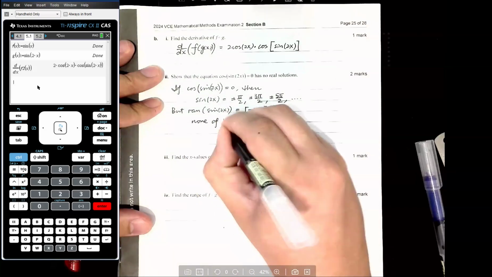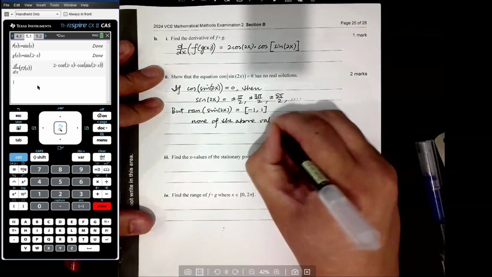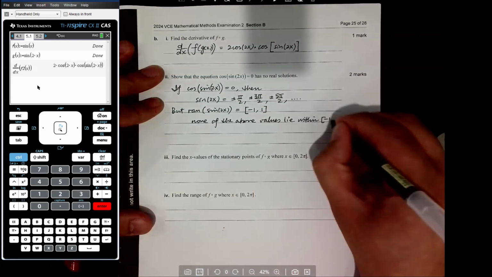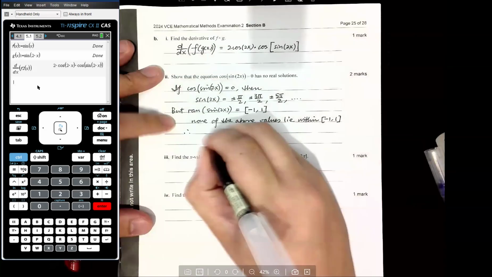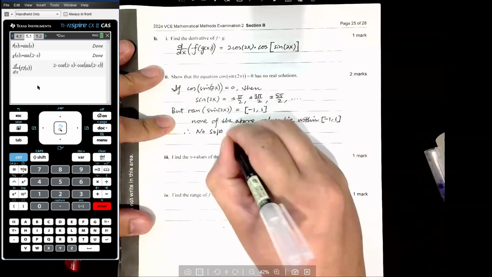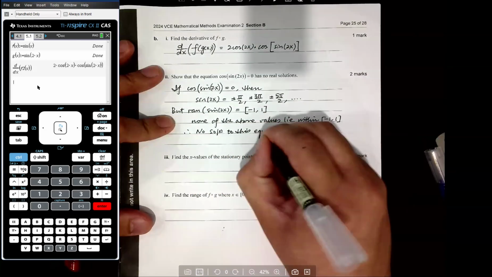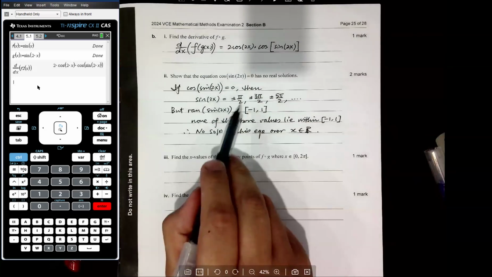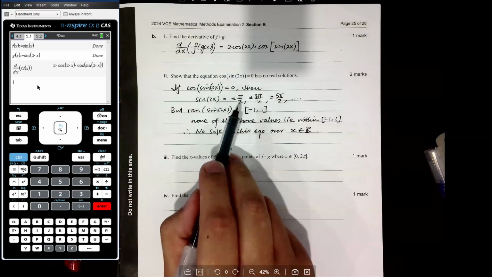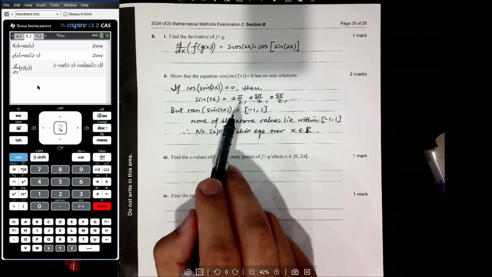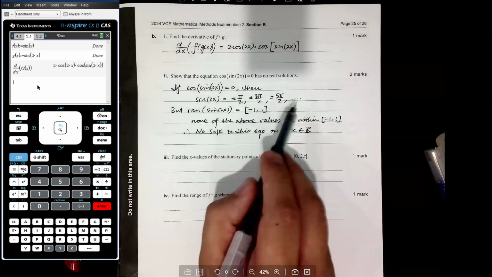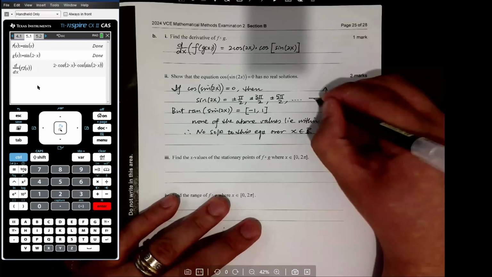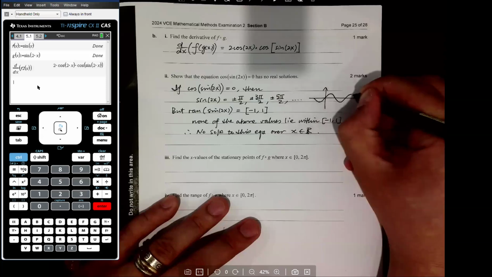None of the above values lie within minus 1 to 1. Therefore, no solution to this equation over x belongs to R. Just be mindful the plus or minus half pi will be plus or minus 1.57, etc., non-recurring, but an infinite number of digits. But all of these values are outside minus 1 to 1, or you can just graph it. Let's say this is a sine 2x graph whatsoever.